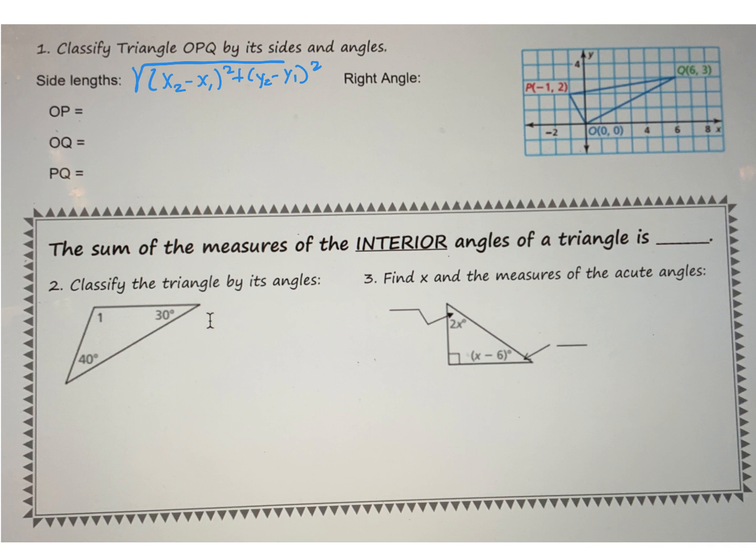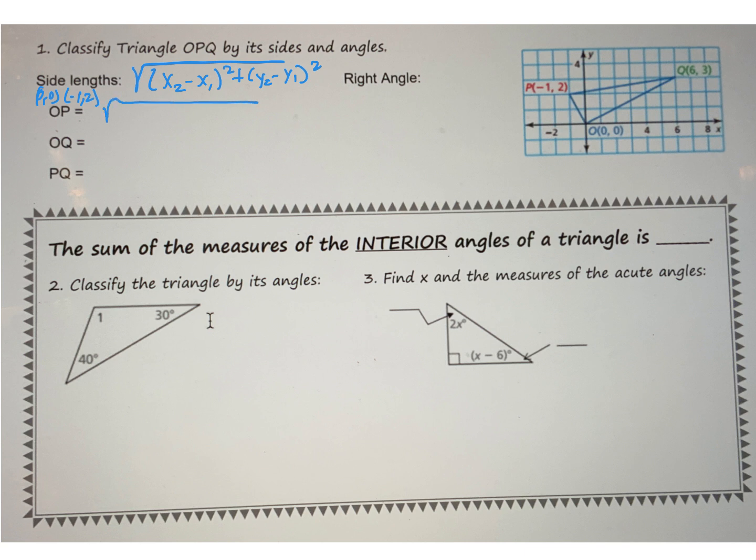So on this one right here, O to P, we're going to be using the points 0, 0 and -1, 2. So we're going to substitute in.